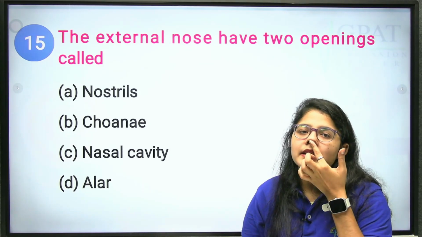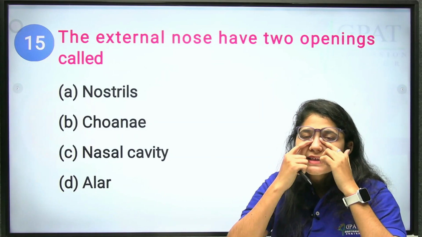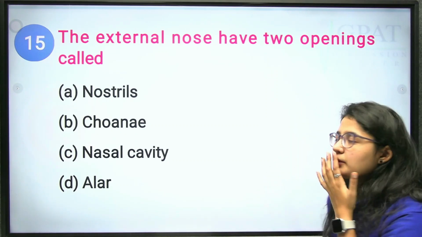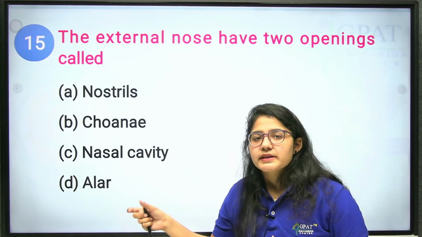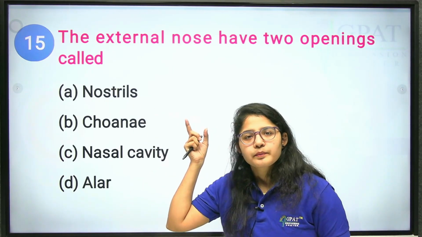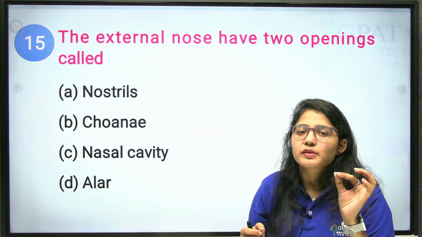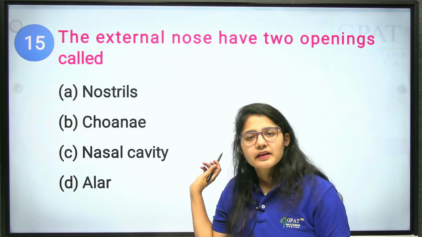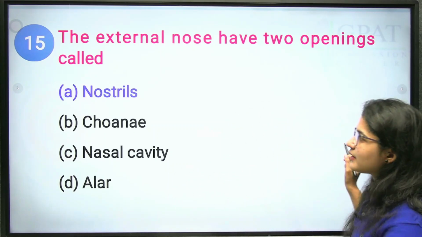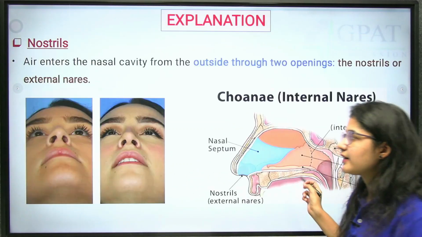This is your septum, this is your vomer bone, this is your nasal bone. Clear? So both the holes you are seeing on your nose are your nostrils. And the cavity where you have the hairs and the mucus is your nasal cavity. The correct answer will be nostrils, from where the air enters.